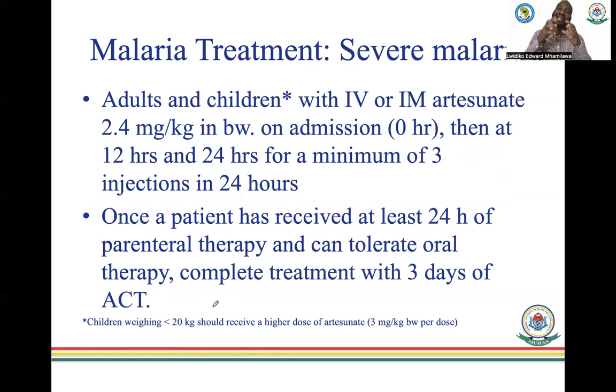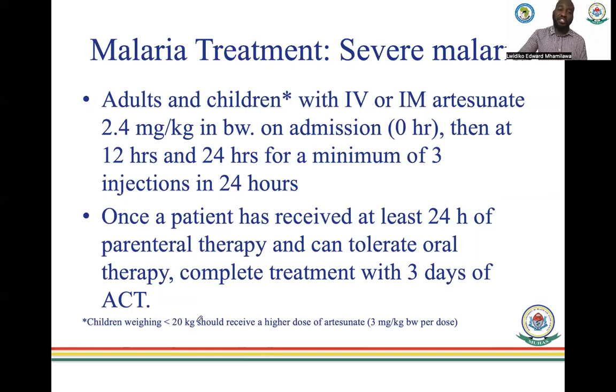This is to make sure that the artesunate has dealt with the big bulk of the parasitemia you have at first. Once the patient has received at least 24 hours of therapy and is able to eat and tolerate oral therapy, you can complete your treatment with 3 days of an ACT. So you can't just do injection artesunate and stop there. You have to complete the treatment.